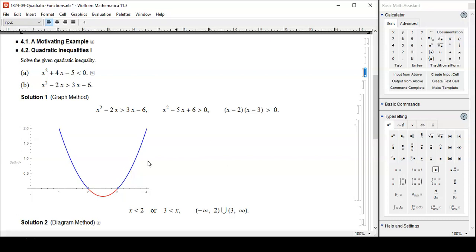We have two curve pieces, so you have to expect two intervals. X is less than 2 or x is greater than 3. Or in other words, the interval expression -infinity to 2 union 3 to +infinity.